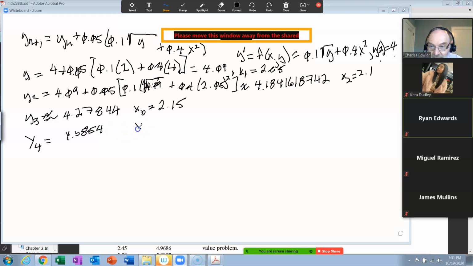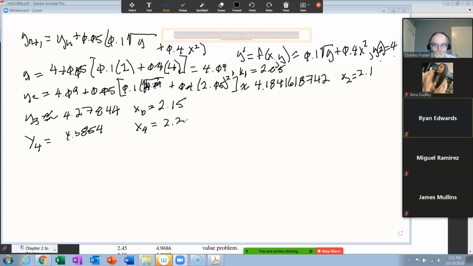And your x sub 4 would then be 2.2. So if you look at the one above at 2.2, that was 4.3768. This was 4.3854. So you see we're getting a little bit closer to what the actual curve probably was.